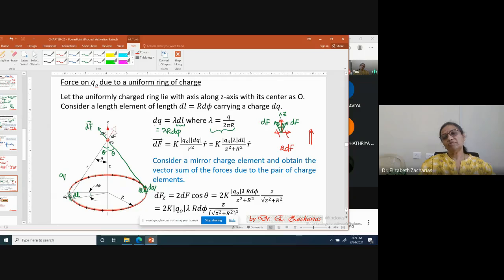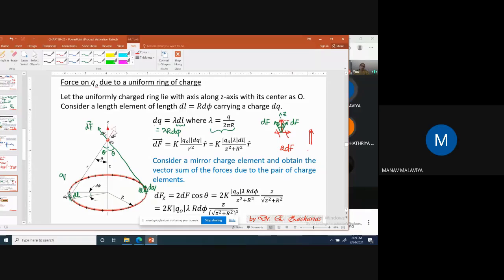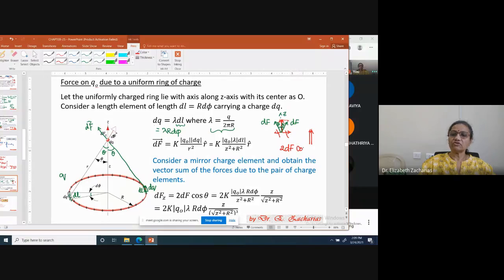You see, if I have a triangle like this, what will this red arrow be? Cos theta or sin theta? Cos. Therefore df cos theta. Again, do what I did previously. Take this right angle triangle and get your cos theta. What will be cos theta?